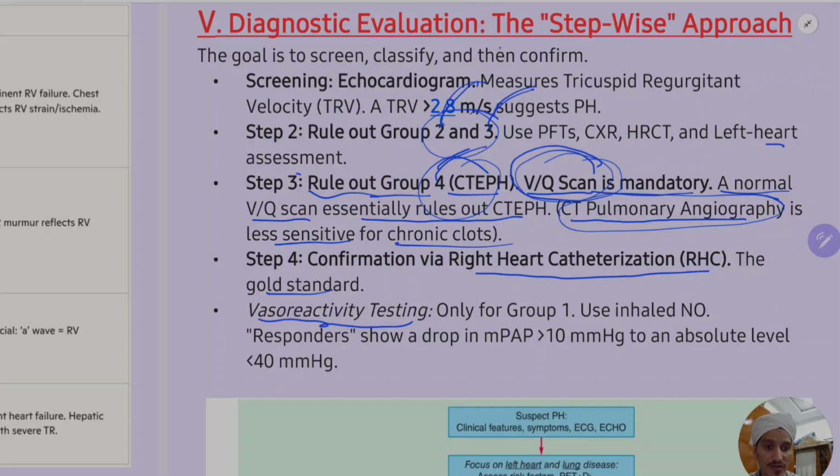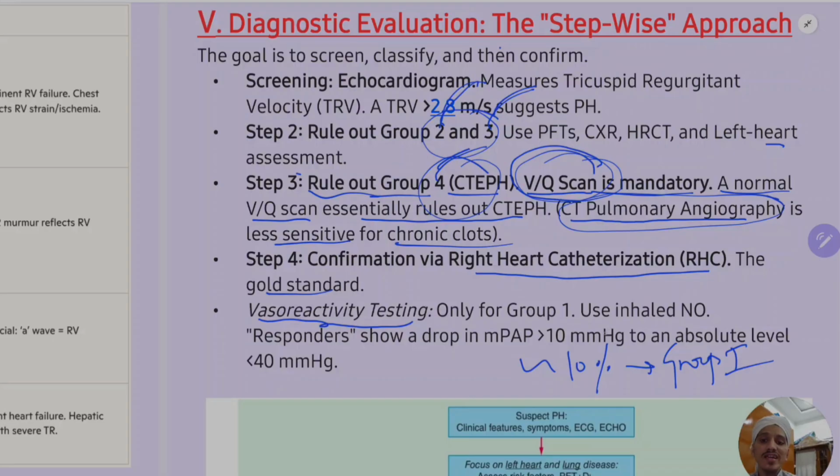Approximately 10% of patients of group 1 have vasoreactivity. So if the vasoreactivity testing is positive, then you can use high dose calcium channel blockers before going to the standard drug treatment for group 1 patients.